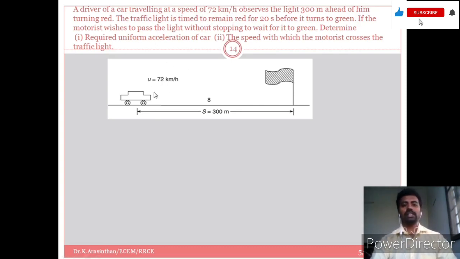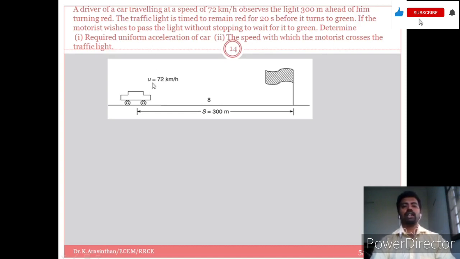Here we are discussing speed, so u is indicated here. u is a letter which is used to indicate the speed, and u here is 72 km per hour. Generally you have to convert all the velocity or speed components in terms of meter per second. So we will proceed when we are solving.